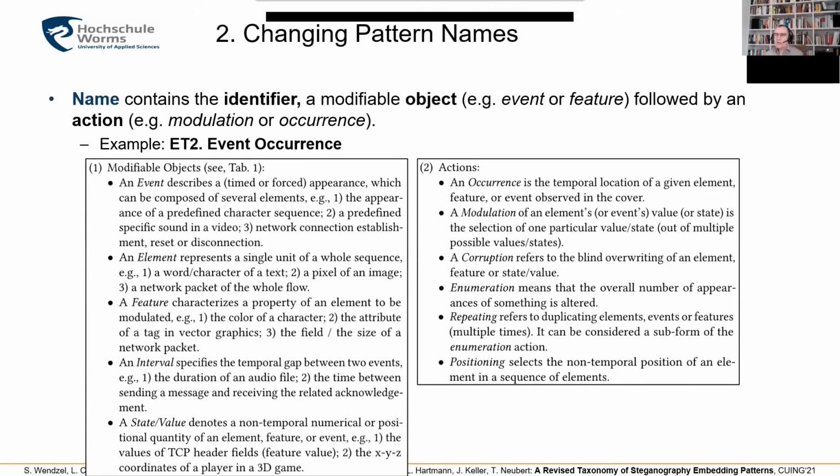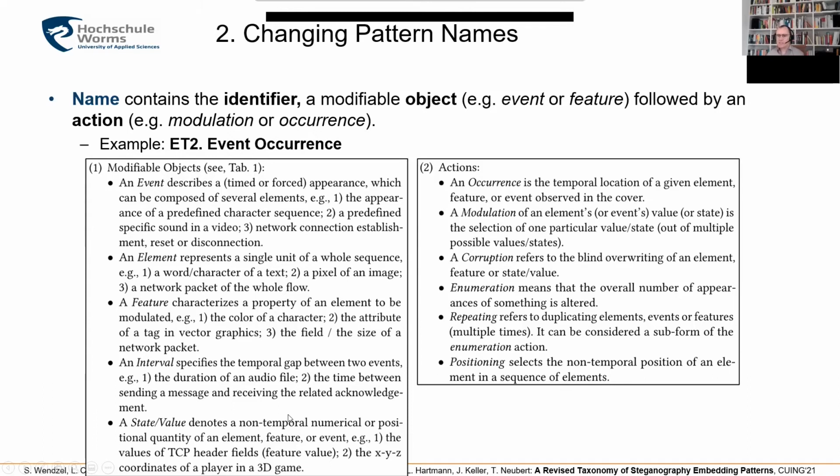To describe the name, we add to the identifier a modifiable object, for instance, an event or feature. The list of objects is here, and an action. So what do we do? We modulate, or something occurs, or there's some positioning.